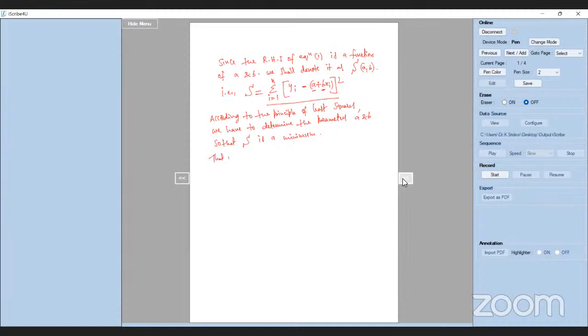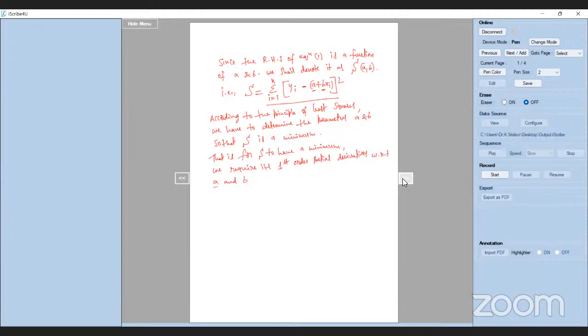That is, for S to have a minimum value, we require its first order partial derivatives with respect to A and B to be 0.